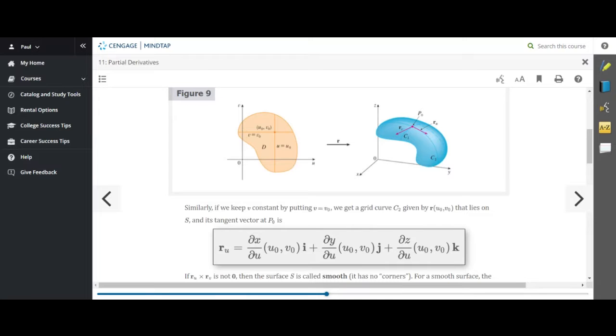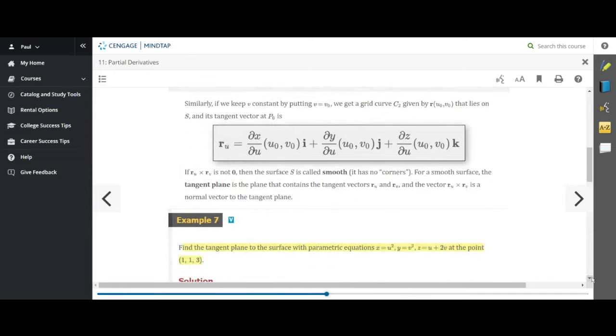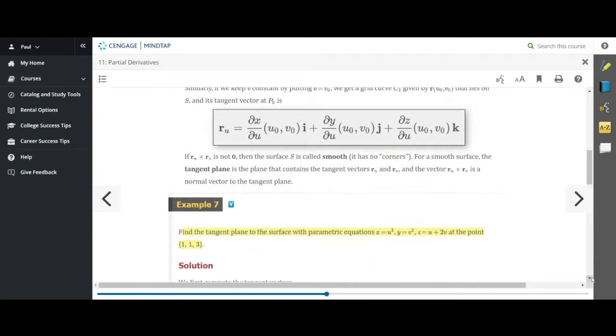So that's right. The derivative vector with respect to u is the tangent vector for C2, and the derivative vector with respect to v is the tangent vector for C1. Now that we know those two tangent vectors, we just need to evaluate them and then take the cross product.